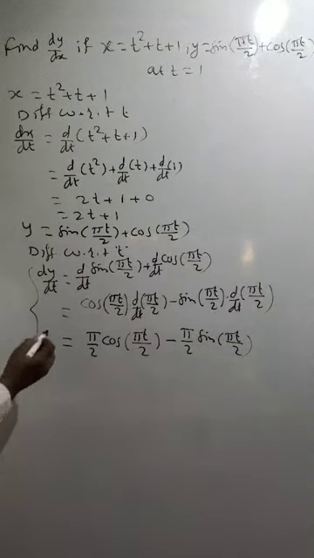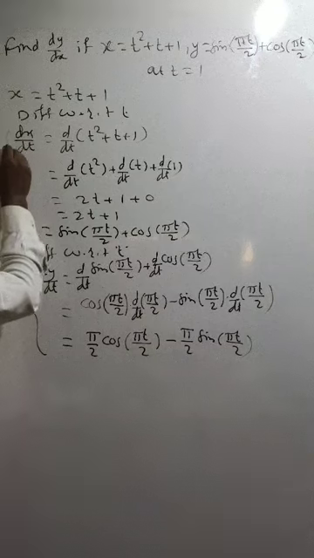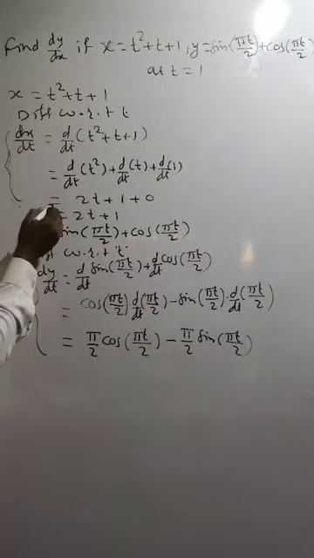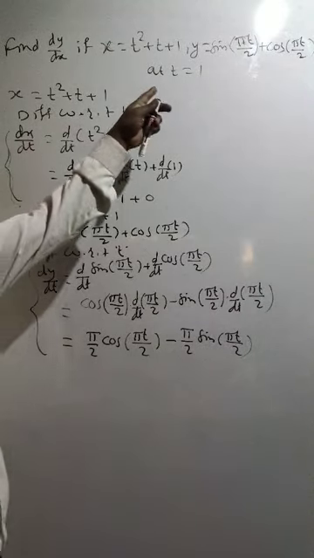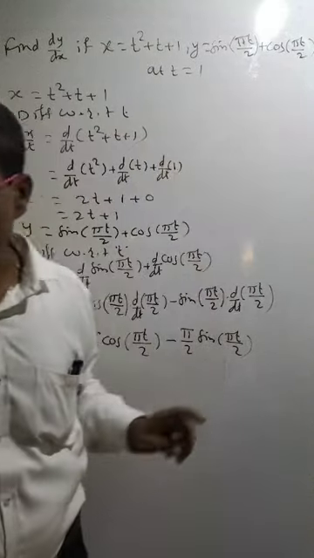Now this is the value of dy by dt and this is the value of dx by dt. From these two values we find the value of dy by dx at t equal to 1.